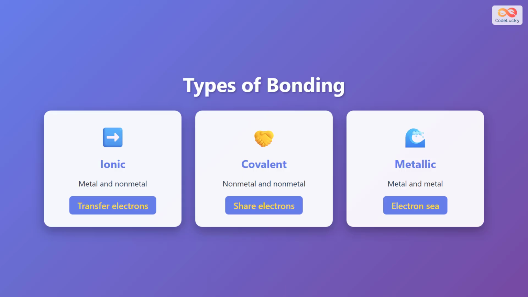Both atoms get to count the shared electrons toward their octet. Third is metallic bonding, which occurs between metal atoms. In metallic bonding, valence electrons form what we call an electron sea, where electrons move freely between all the metal atoms. Each type of bonding is driven by the desire to achieve a stable valence electron configuration.